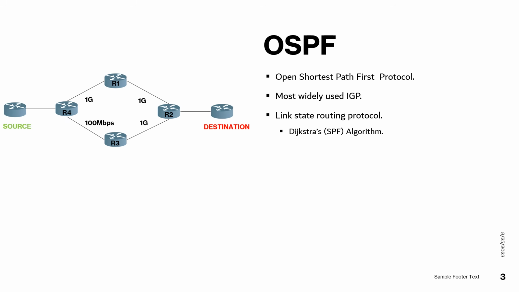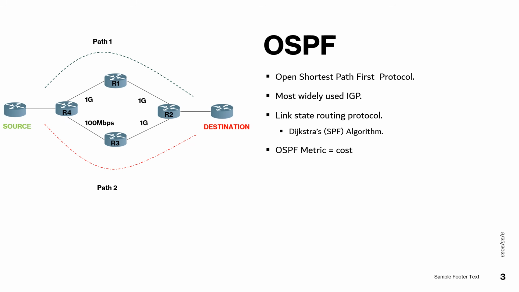So OSPF uses cost as its metric. When I say metric, a routing protocol may occasionally discover multiple paths to the same destination. So the routing protocol must be able to determine and identify the available options to select the best possible path, and this is accomplished by using routing metrics.